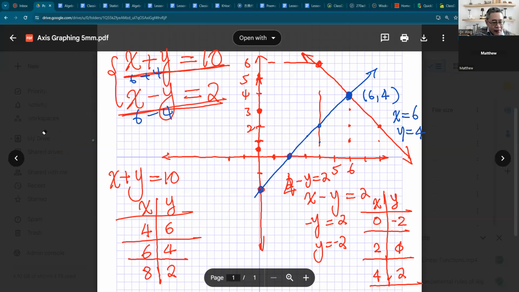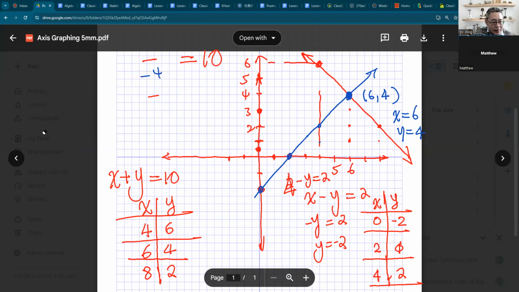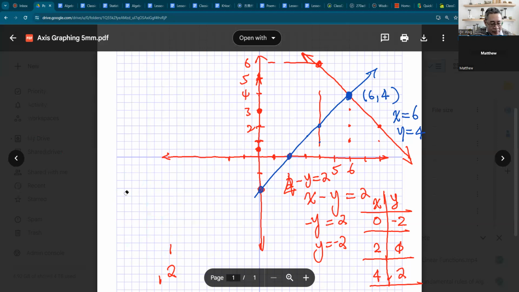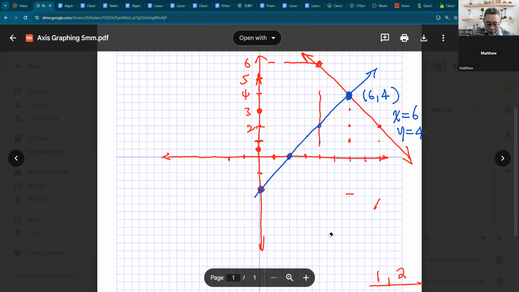Okay, let's look at another example. The tricky one is you have to use a ruler to do this.